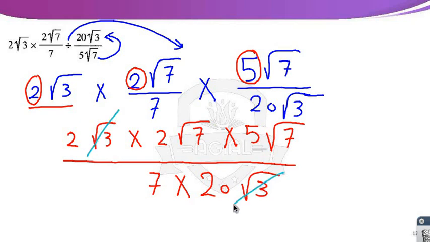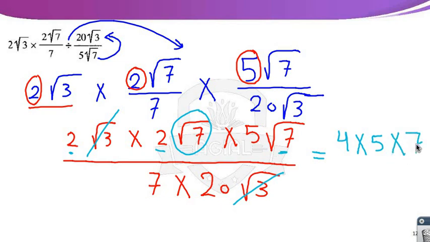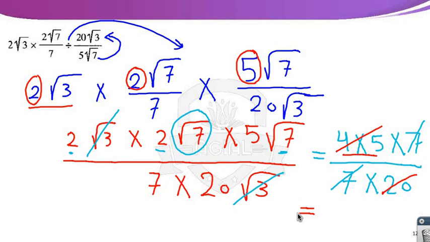And here we have 2 multiply 2, it will be 4, 4 multiply 5, and square root of 7 multiply square root of 7 will be 7. And in the denominator we have 7 multiply 20, so 7 with 7, and 4 by 5 will be 20 with 20, so in the numerator it will be 1 over 1, so the result equals 1.